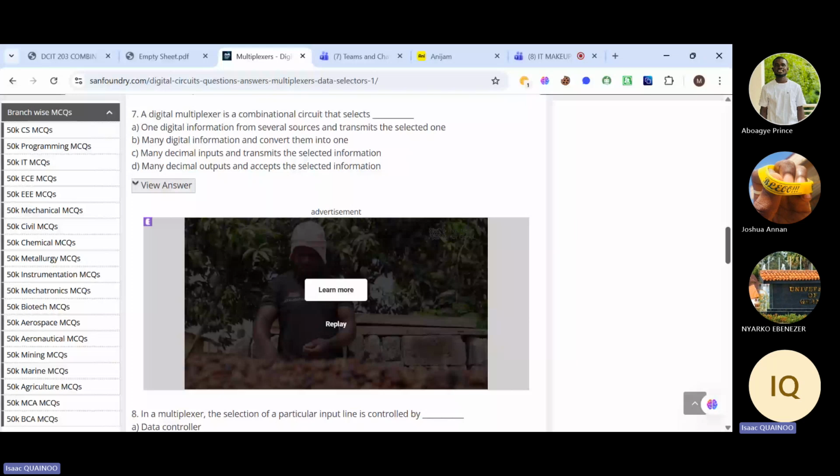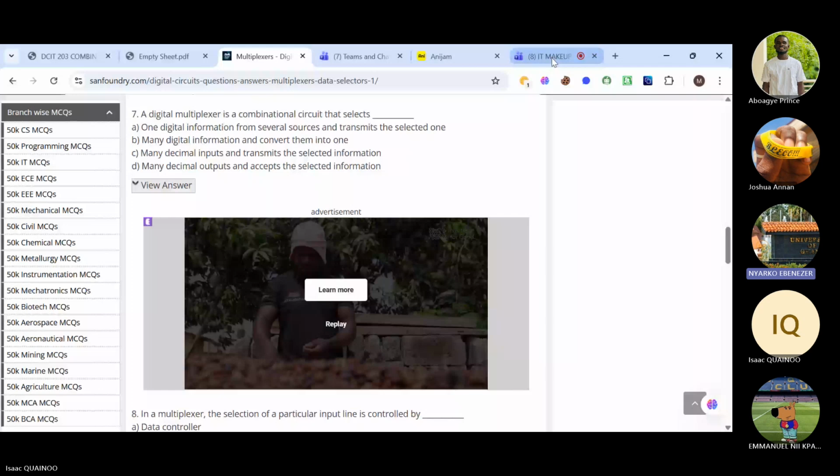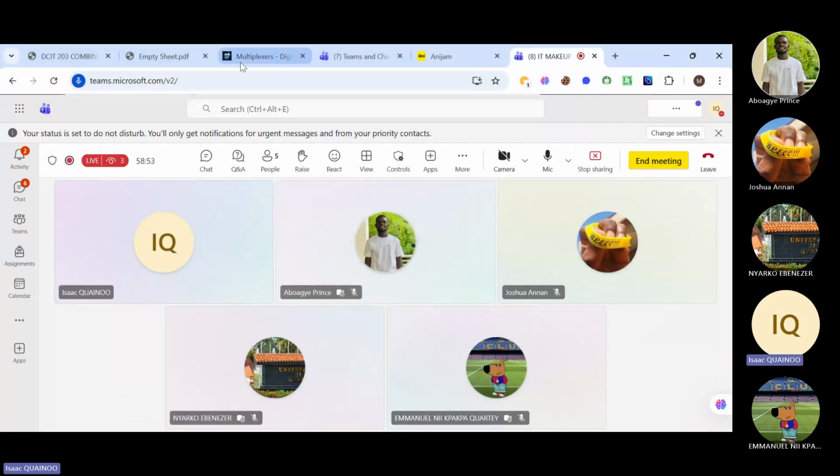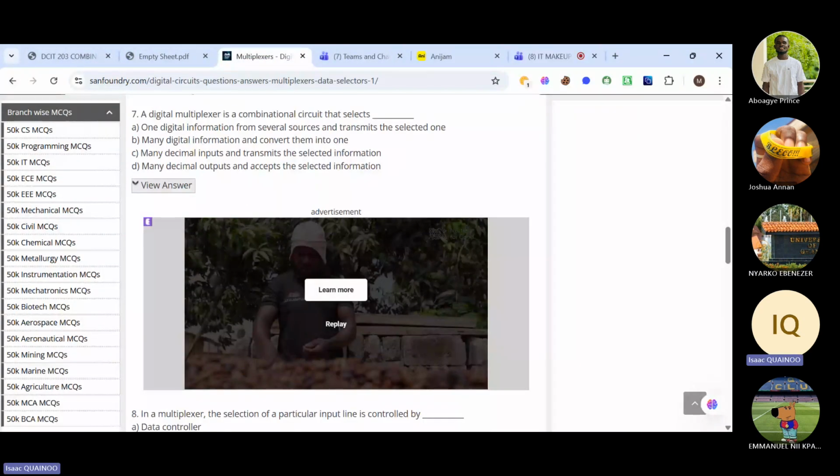And D, many decimal outputs and accepts the selected information. I'll go for A, one digital information from several sources and transmits the selected one. So I would also go for that. Yeah, so you are correct.